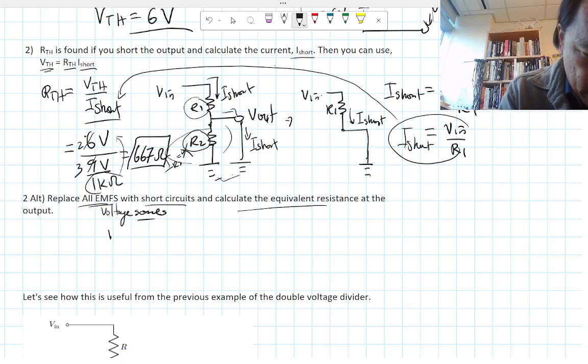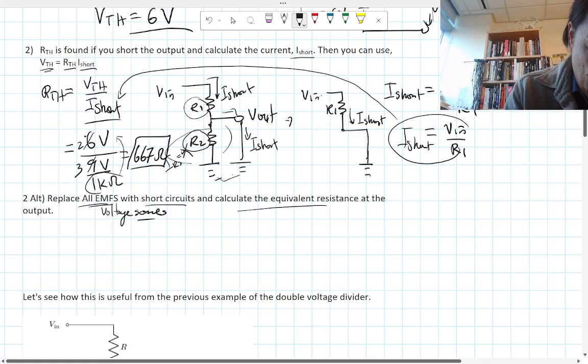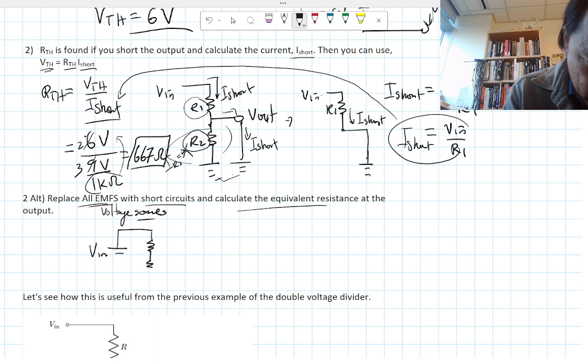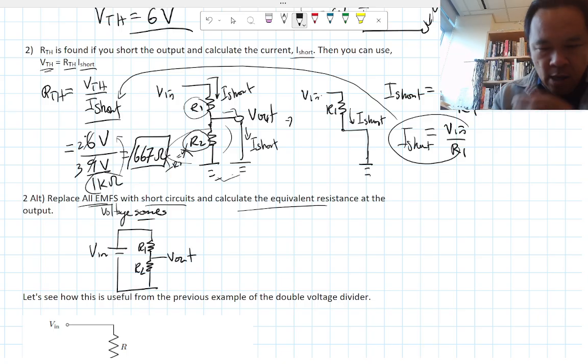Okay, so in our circuit we have this. Actually, in this case, I'm going to draw it like a battery, and there's a voltage divider on this side, R1, R2, like this. And this is V out.